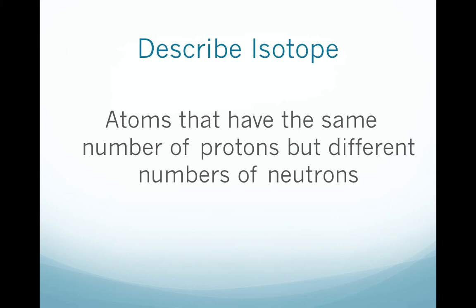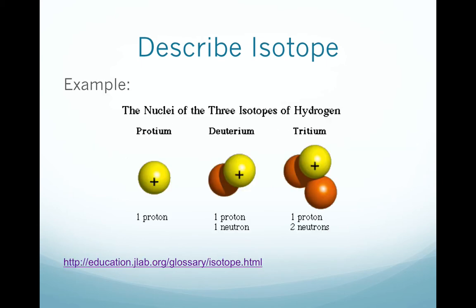Carbon contains 6 protons and 6 neutrons, so we call that carbon-12. But there are also other carbons out there like carbon-14, so it has 6 protons just like every other carbon atom, but it has 8 neutrons, so it's different. And this is used a lot in what's called carbon dating. And there are other examples of isotopes out there that we'll discuss more in class.